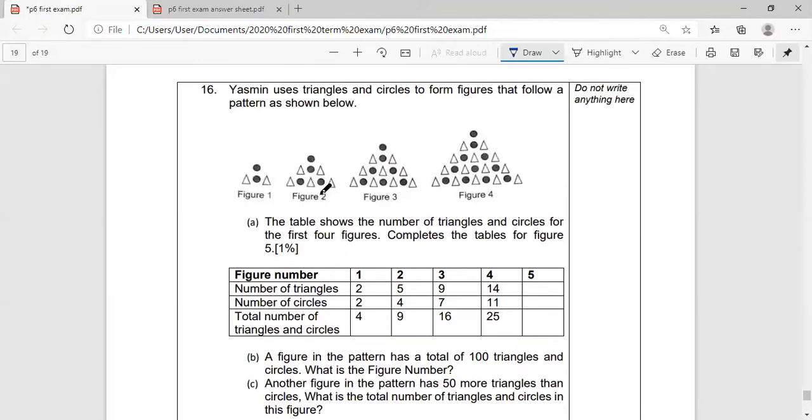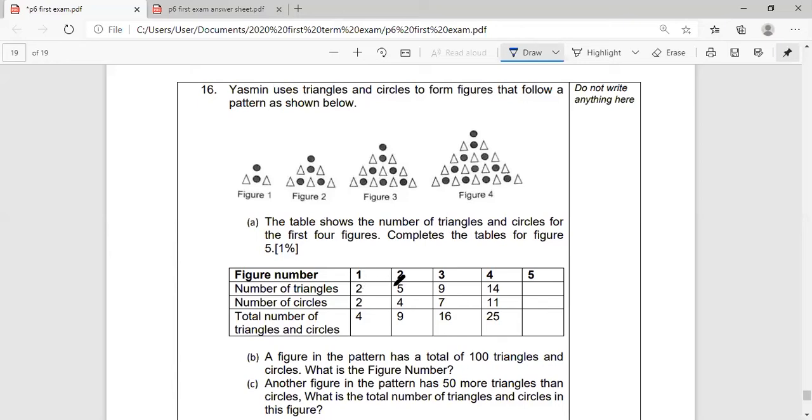You have figure number 1, 2, 3, 4, 5, and so on. Each one has a different number of triangles, circles, and a different total number of triangles and circles. When we want to predict the next number, we have to notice the difference between them.